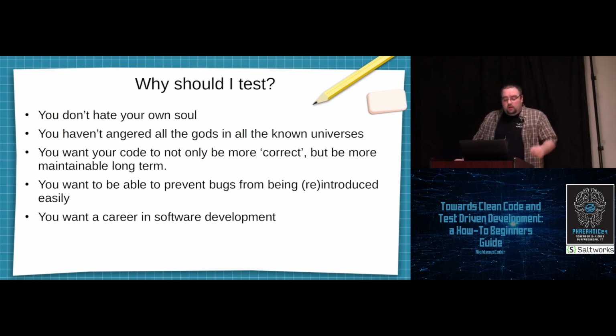They go together hand in hand, and when you have code that is more easily testable, you can help prevent bugs from getting back into the system and regressing. And most importantly to some people, if you want a career in software development, you need to know how to write tests and how they work.